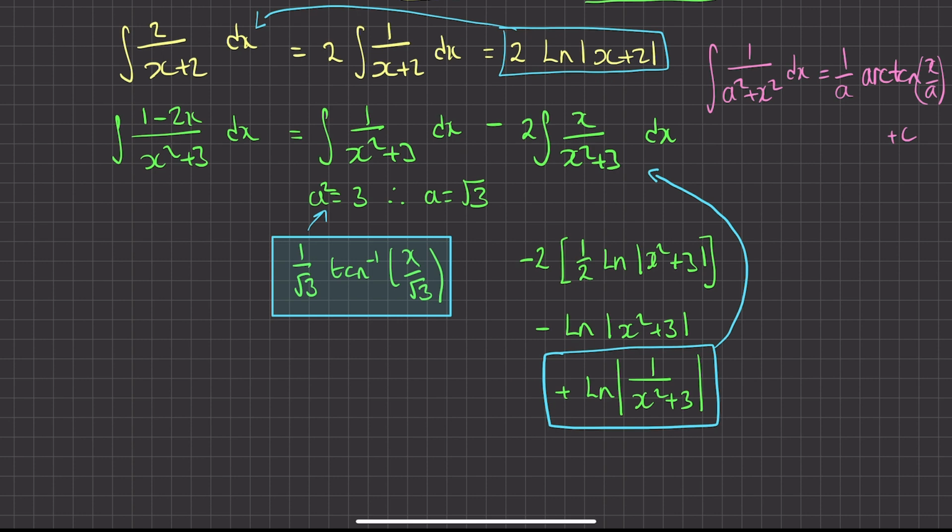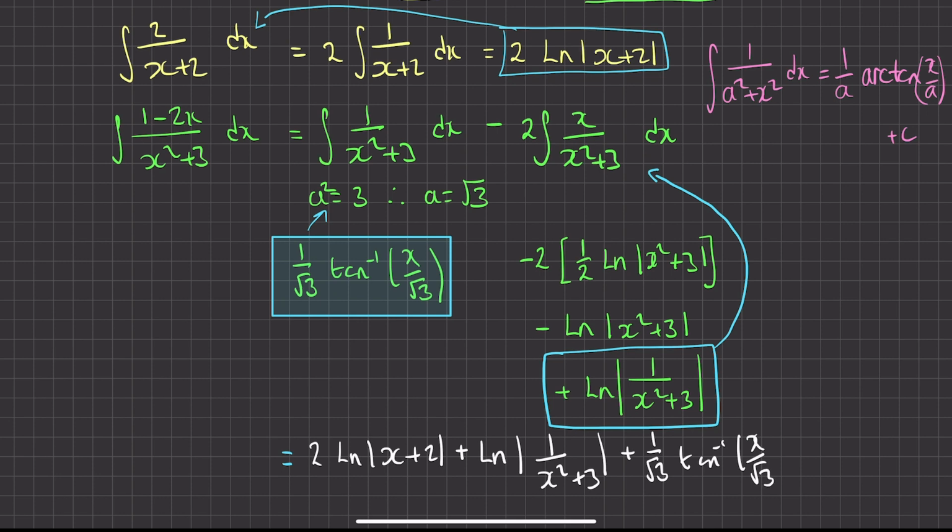So we'll say the integral is equal to 2 ln of (x plus 2) plus, and I'll write this bit next, the ln of 1 over (x squared plus 3) plus 1 over root 3 arctan of x over root 3 plus the constant.